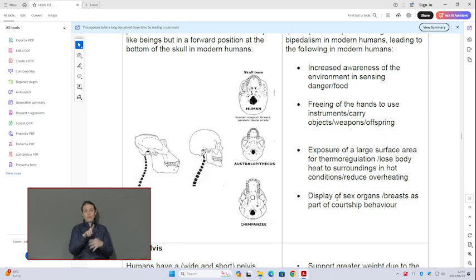And bipedal organisms will have an increased awareness of the environment, freely rotating hands, and they will be able to carry objects, exposure to a large surface area for thermoregulation, and the display of sex organs. Meaning that question can equate to 5 marks.